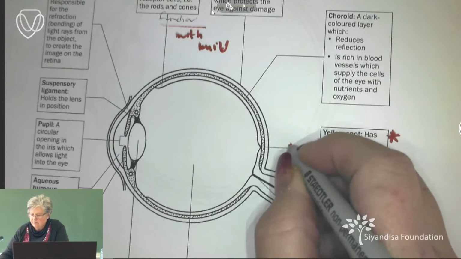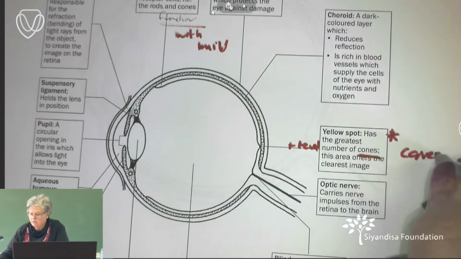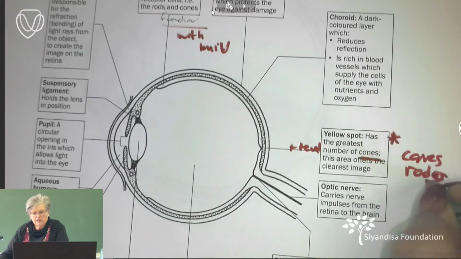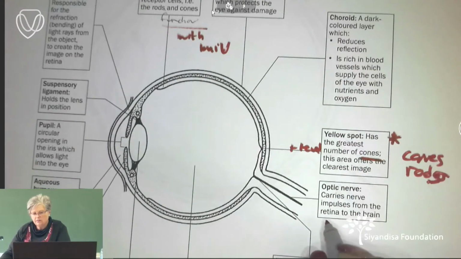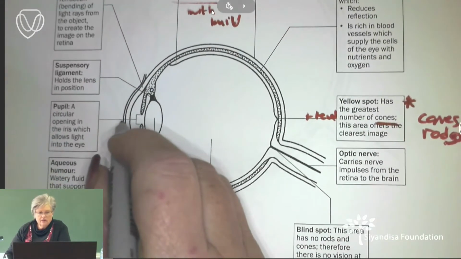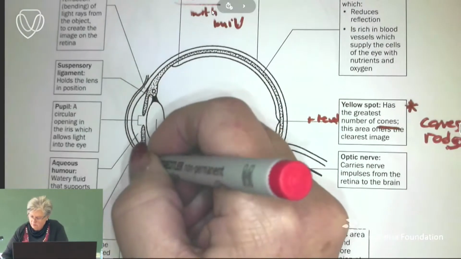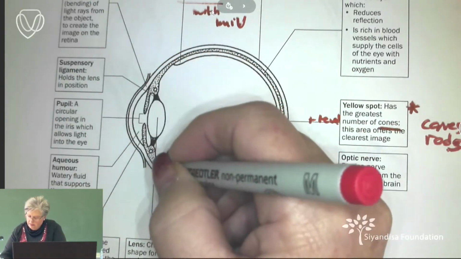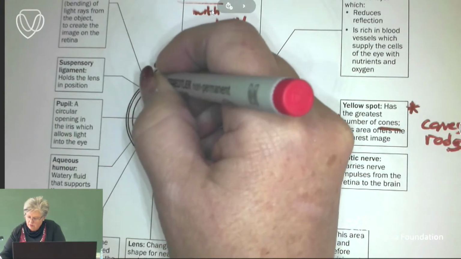So for level 7 learners, it means you must know exactly what the functions of the cones are and what the functions of the rods are, and how it influences color vision, and how it influences night vision. Okay, so if we quickly look at the eye, we see that we have the part here in front, which is the cornea.